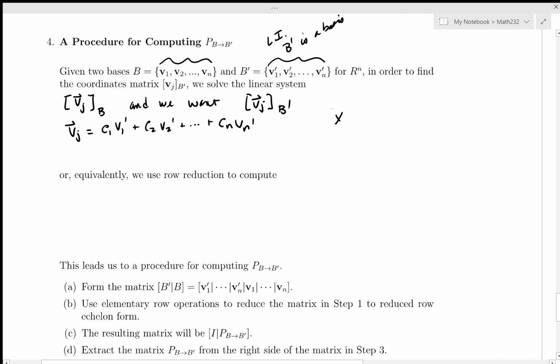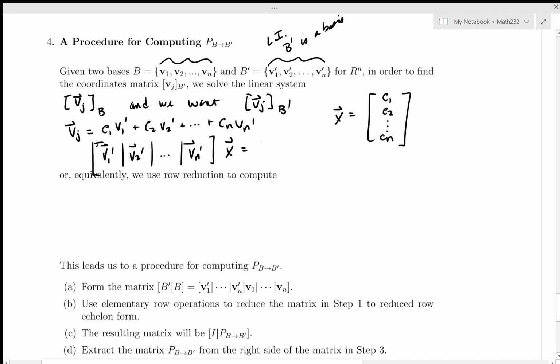I'm going to let x be equal to all these constants, C1, C2, dot dot dot Cn. Then, just like in the smaller dimension example earlier, we have V1 prime, V2 prime, through Vn prime as columns, times x, equal to Vj.